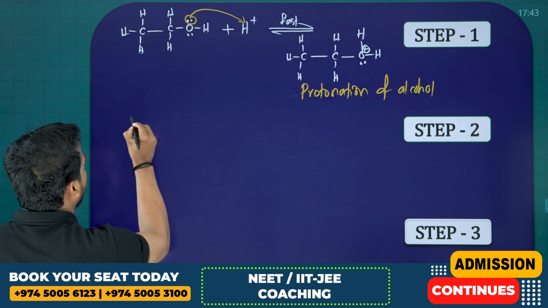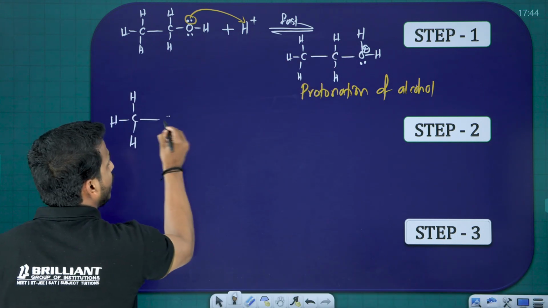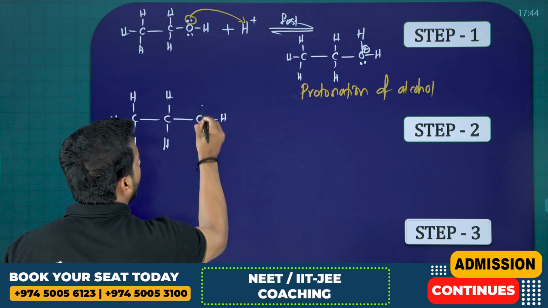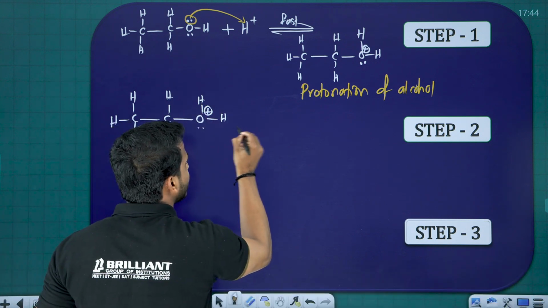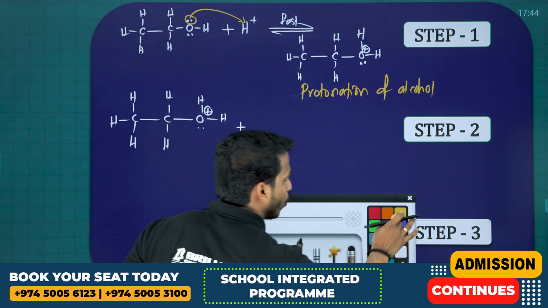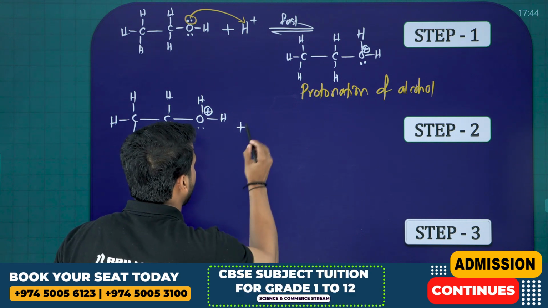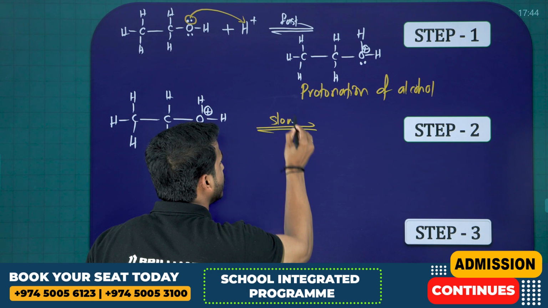Let me take the same compound once again: CH3, then CH2, then OH with a lone pair and a plus charge. In the second step, what is going to happen? Listen carefully, everyone. It is a slow, reversible step.